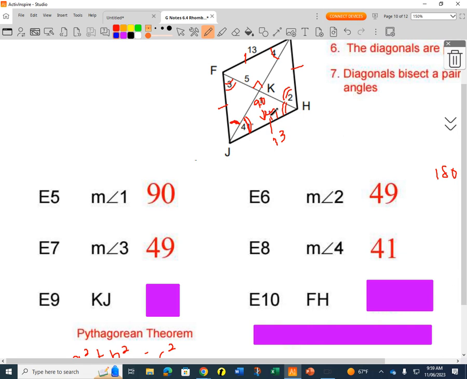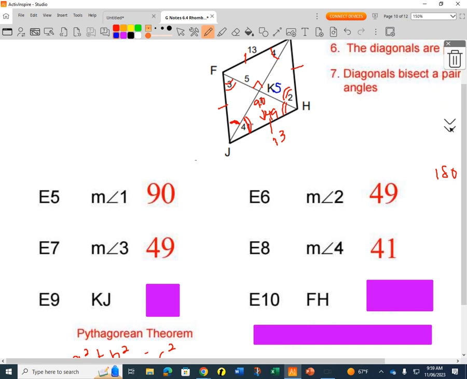We need the other leg length. Do we know how long KH is? How do you know it's 5, Jen? Yes. KH is congruent to KF because that diagonal was bisected by the other diagonal. So now we know this leg is 5.